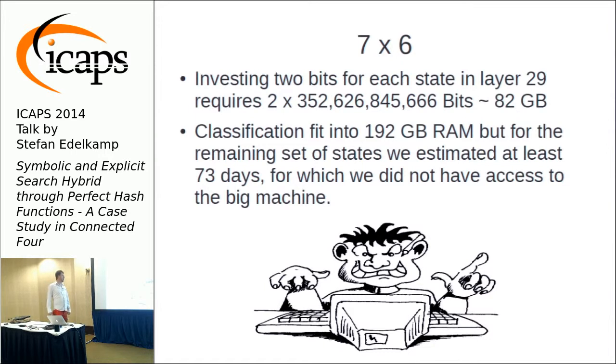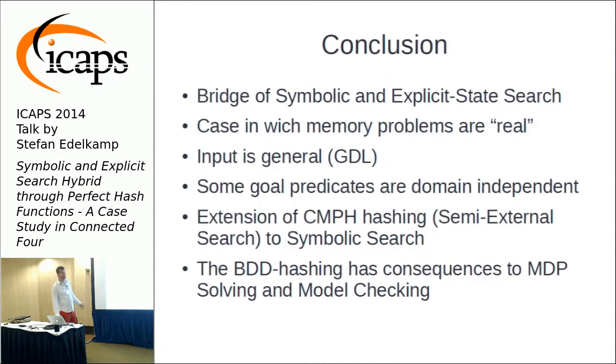And the big machine we only had for some initial experiments. This is hard work, but it's at least the real problem where on current machines the problem really arises. Okay, yes, but I'm already done.